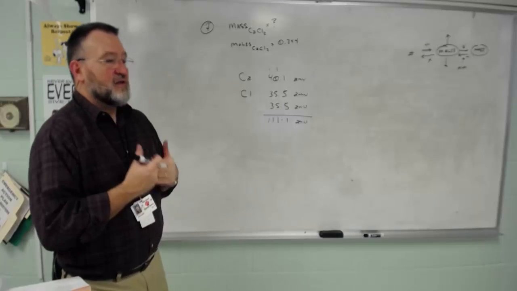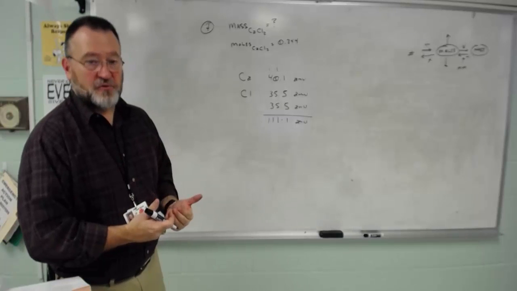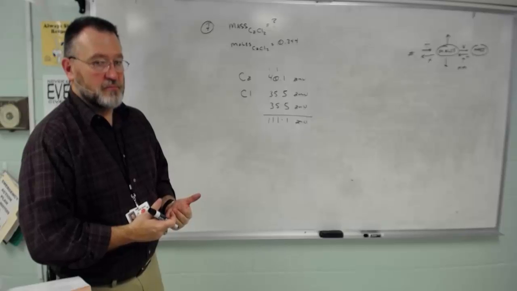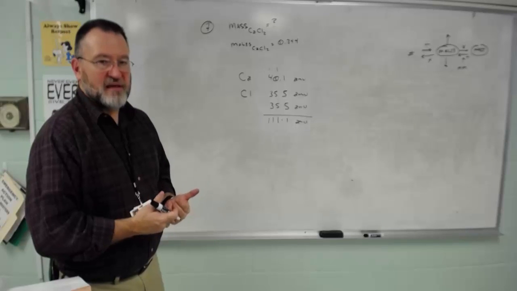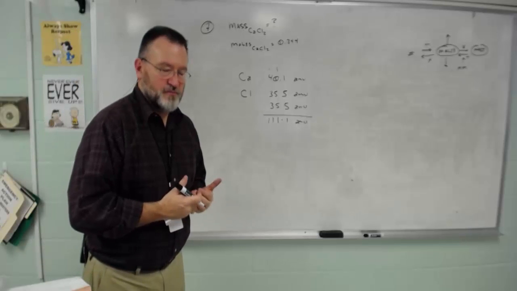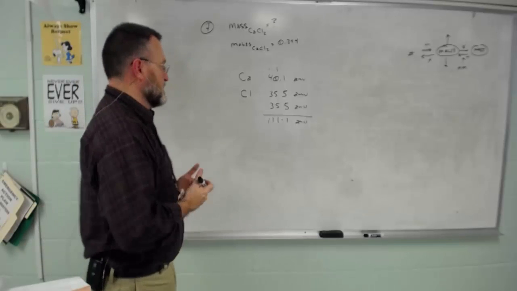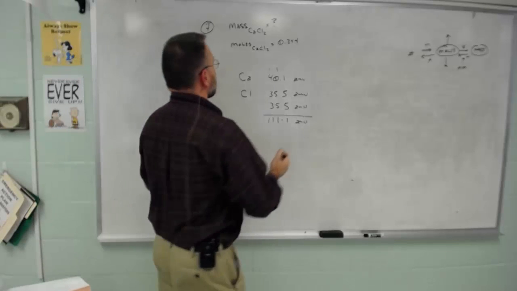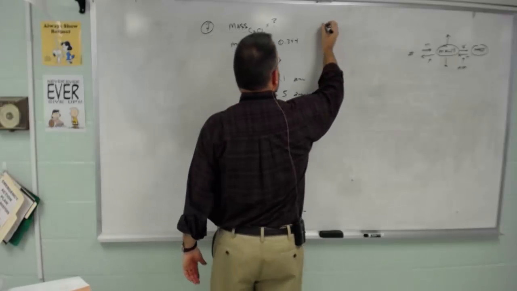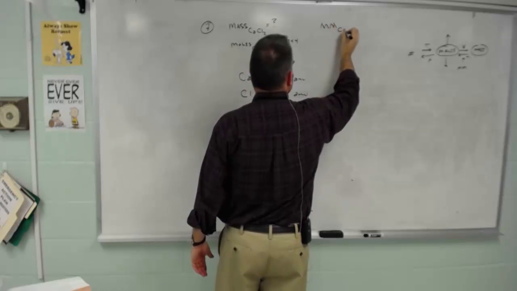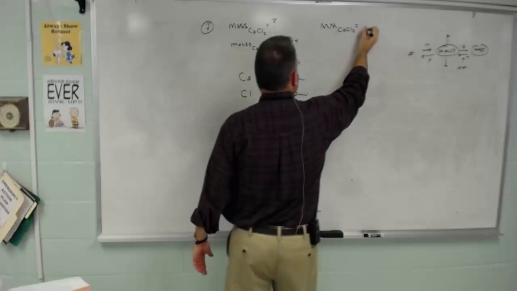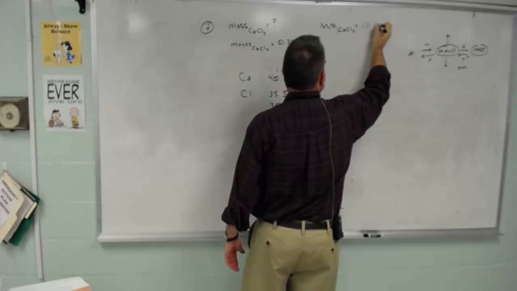The mass of a mole, then, is equal to what? Go ahead and tell me. 111.1 grams of that molecule. So the molar mass, we write it over here, the molar mass of calcium chloride is equal to 111.1 grams.